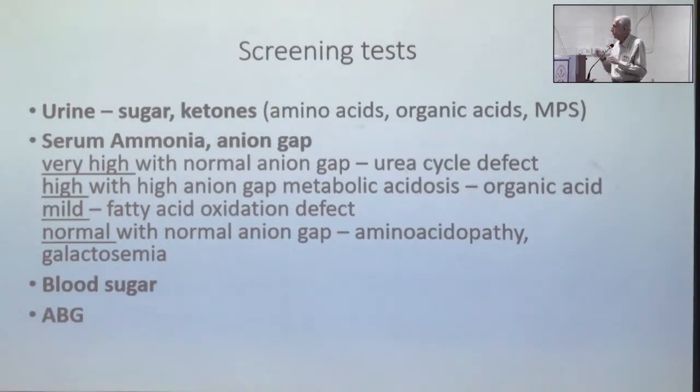But we'll also do ABG, because we said that even metabolic acidosis is a common accompaniment. So these are the screening tests: ammonia, anion gap, blood sugar, ABG, and the urine sugar and ketones. This almost gives you a group diagnosis. Then of course further special investigations might throw a final diagnosis.